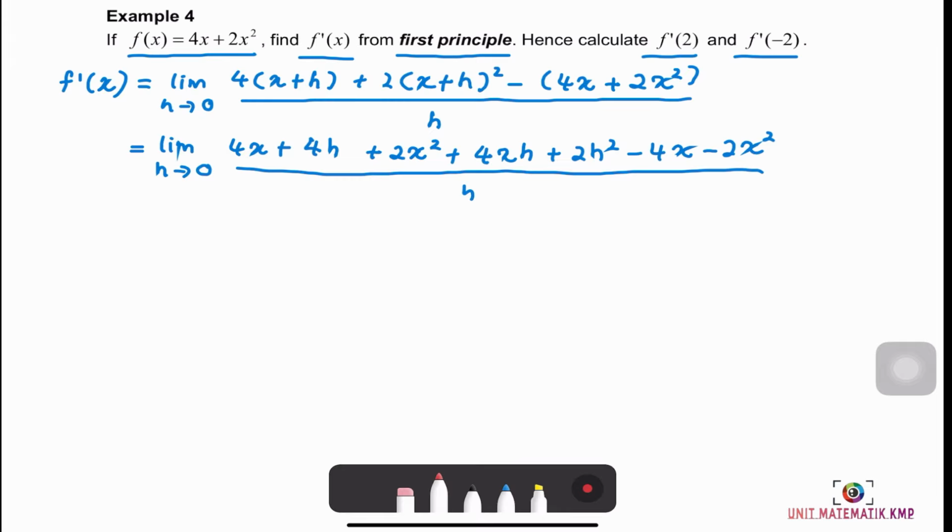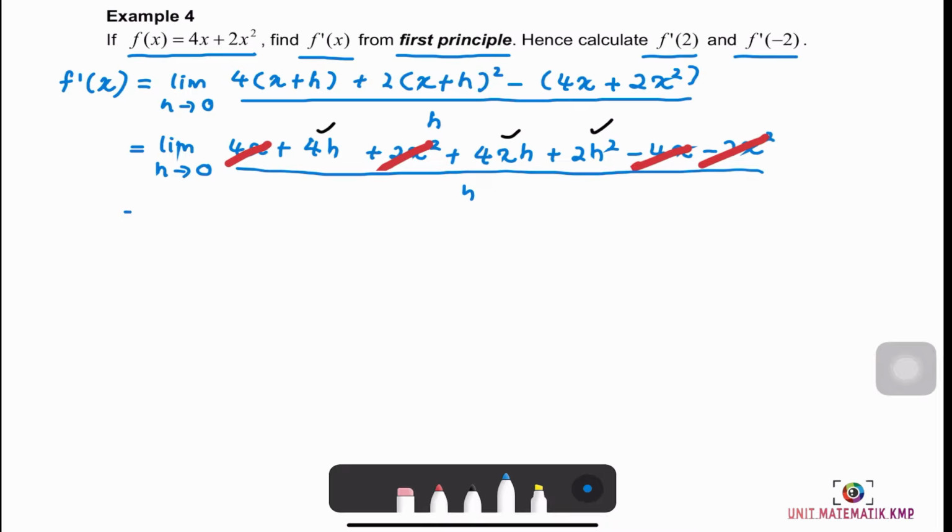Then we simplify: 4x and 4x cancel, and we have 2x squared minus 2x squared. So we have the terms 4h, 4xh and 2h squared.